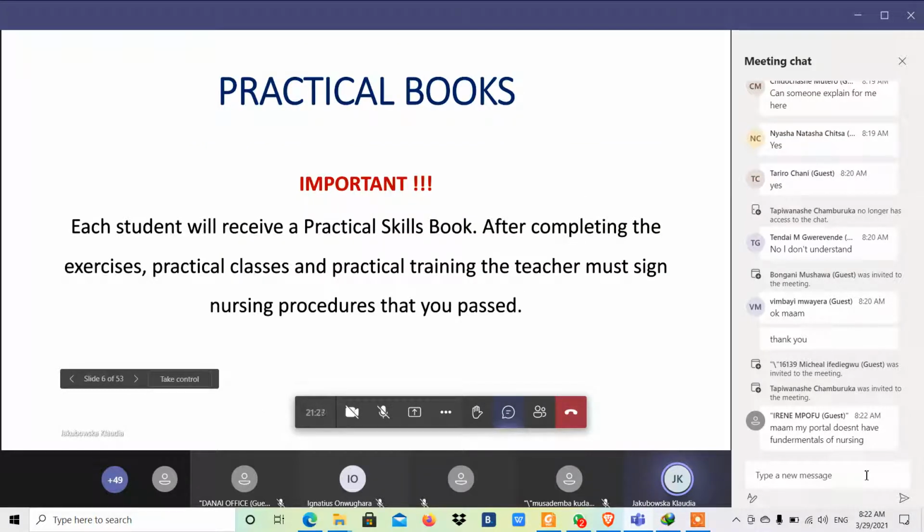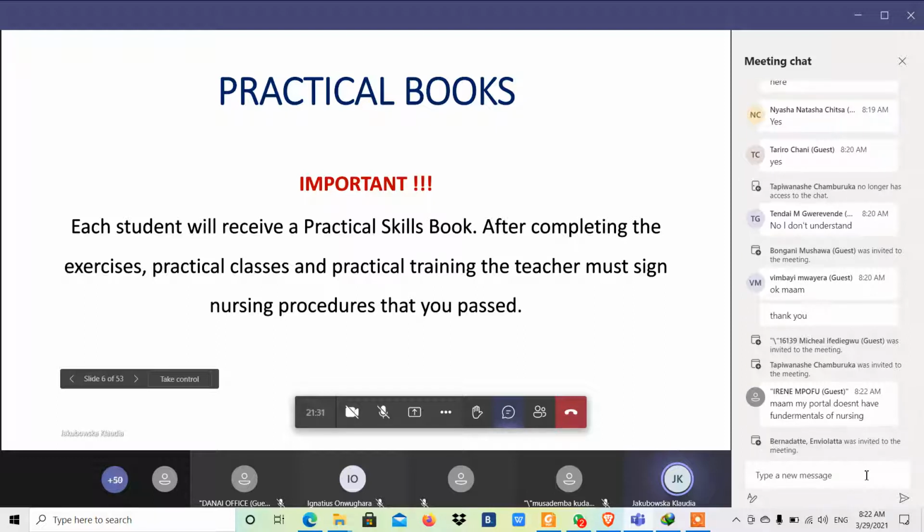So you will get practical books. My portal doesn't have fundamentals of nursing. Okay, so I will try to attach this test here, but I don't know if it's possible.